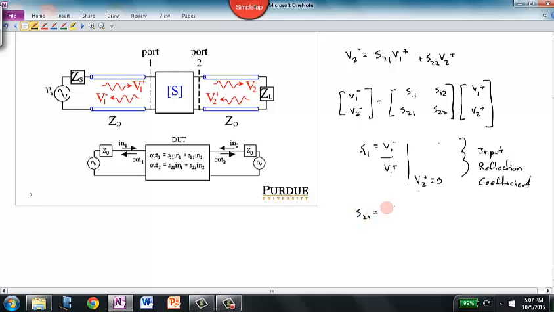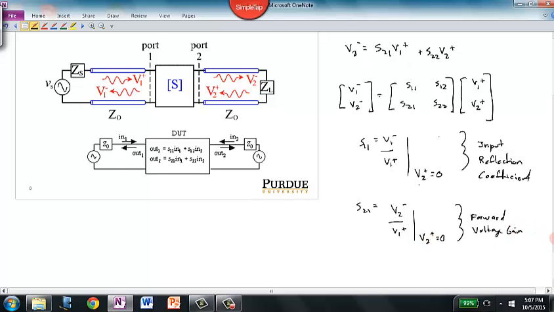S21 from that same definition is equal to V2 minus over V1 plus evaluated at V2 plus is equal to 0. And this is called the forward voltage gain. It's the gain from port 1 to port 2.